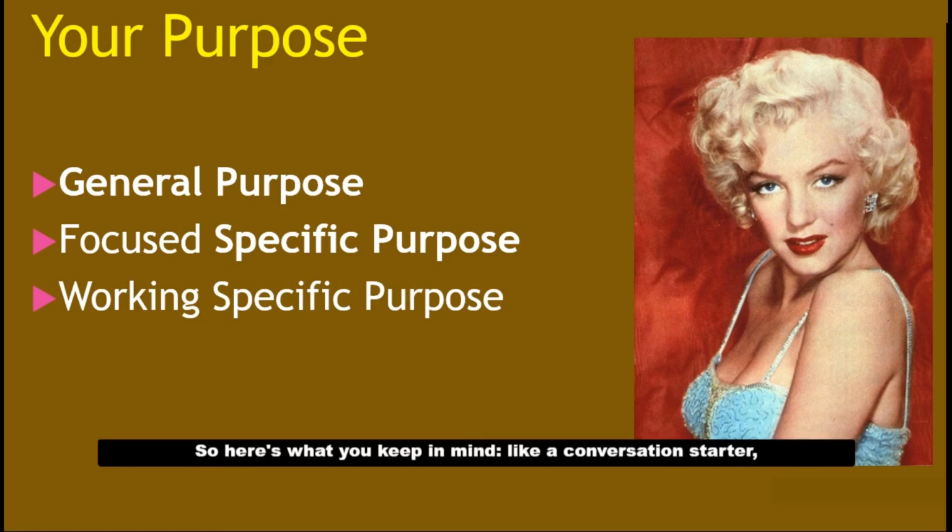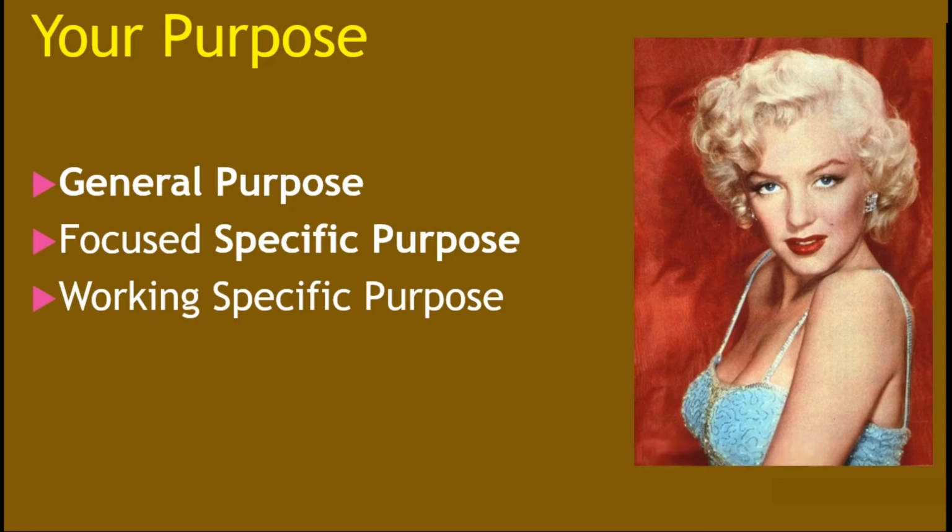So here's what you keep in mind. Like a conversation starter, it's not in a sentence form, but in an infinitive form, such as to inform, to explain, to discuss, to describe, etc. It's how you let the audience know what you're going to be talking about.